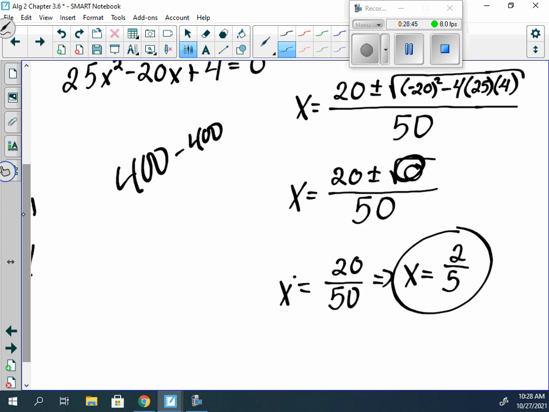So here we do have technically 2 solutions. They're not unique solutions. The solutions are both x equals 2/5 and x equals 2/5. Any questions on this here?